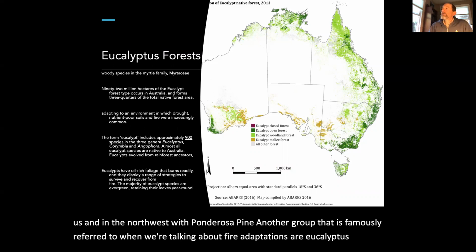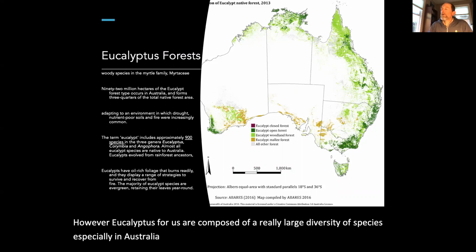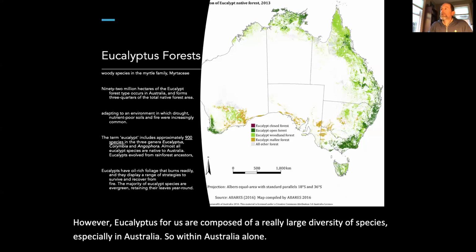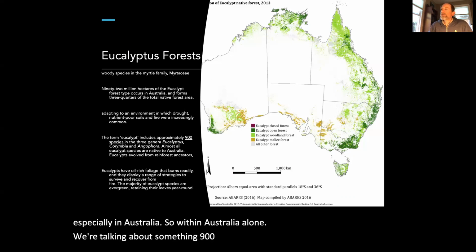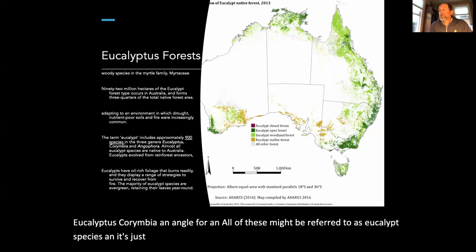However, eucalyptus forests are composed of a really large diversity of species, especially in Australia. So within Australia alone, we're talking about something like 900 species in the 3 genera Eucalyptus, Corymbia, and Angophora. All of these might be referred to as eucalypt species, and it's a really diverse group.